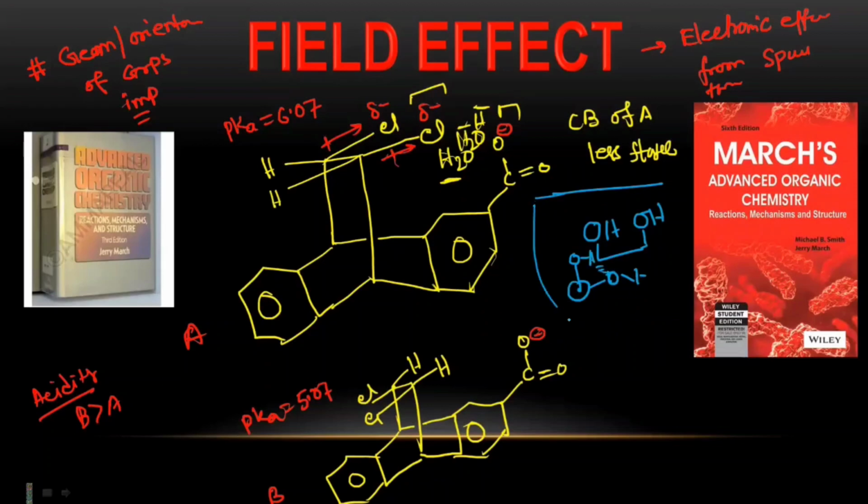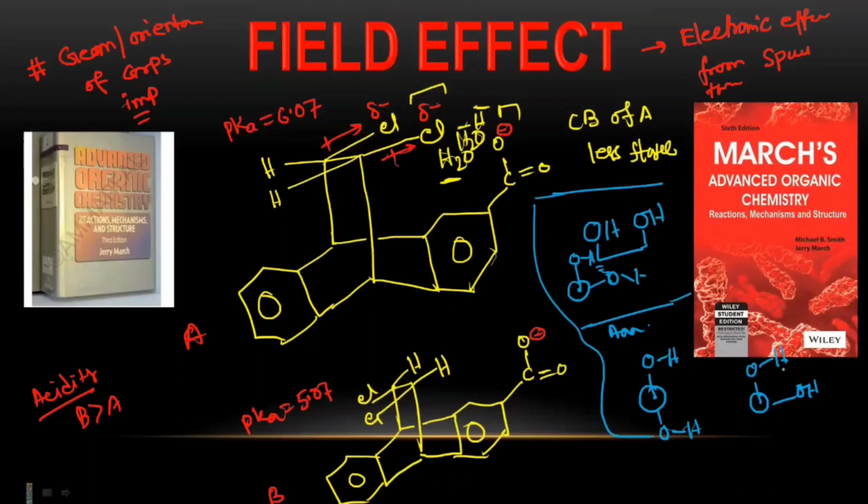But if we want to compare the gauche or anti conformational stability in aqueous medium, what happens? If we compare gauche versus anti, in aqueous medium anti will be major. Gauche will not be major, because this hydrogen bond will not be there.